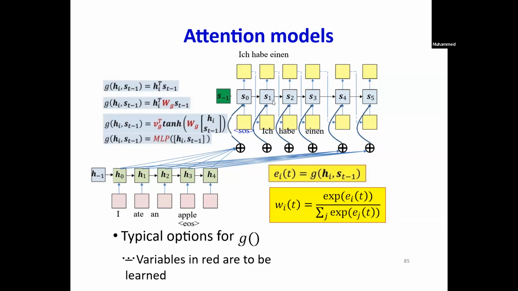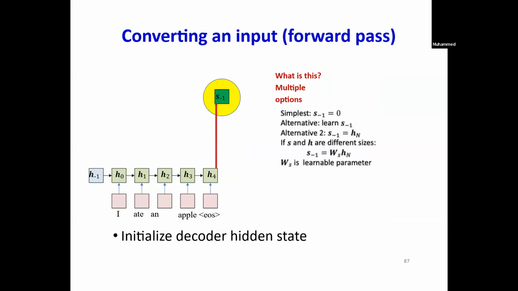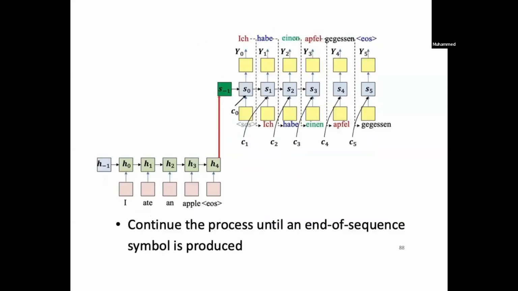And for that second one, we'll compute a different context using a different weight vector. So you continue this process till you hit the end of sequence token, then you know that you have reached the end of your generation process, and you terminate.